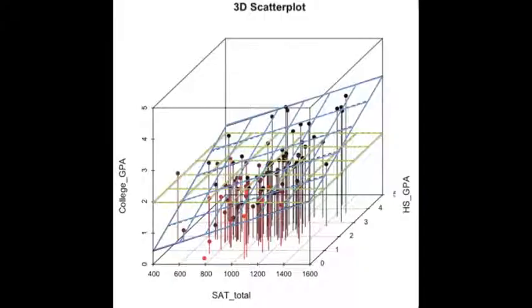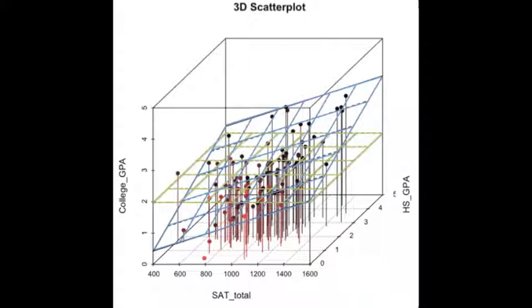So another way to look at this is to look at two planes within the regression cube. So I plotted that here, and you can see our original prediction plane with our data is in the blue. It's going up because there's some good correlation. But if there had been no effect of SAT total and high school GPA, then the green plane is actually what we would have seen. And that would have meant that no matter what your high school GPA was, your expected value for college GPA would have been 1.98.